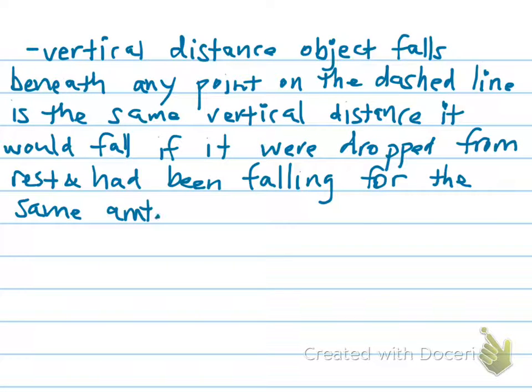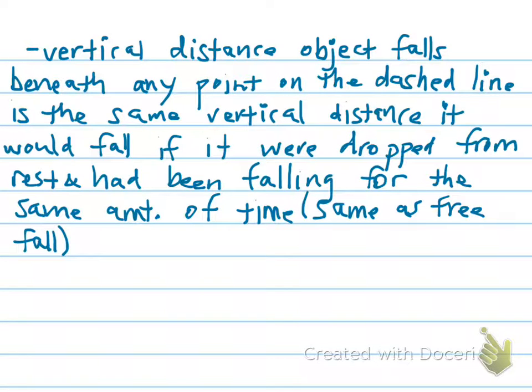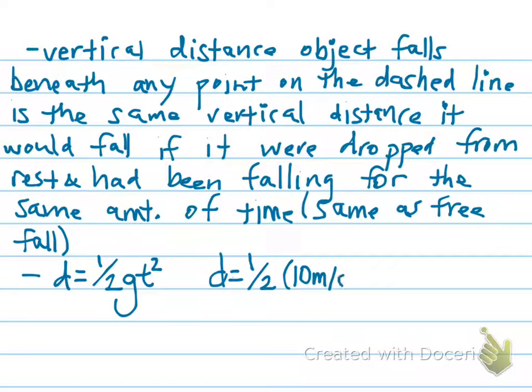Basically what we're saying is it's the same as free fall. So our equation for this is that our distance equals 1/2 g t squared. So remember our d is 1/2 times 10 meters per second squared times our time squared. Well, half of 10 is 5, so we can say our distance is just going to be 5t squared.